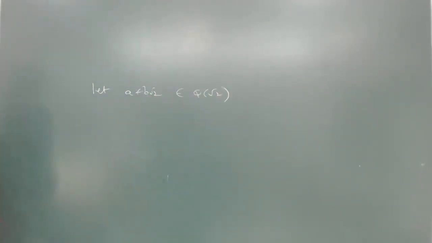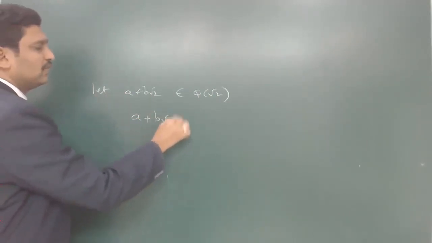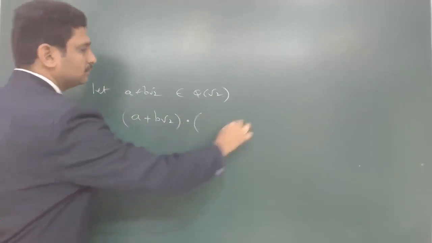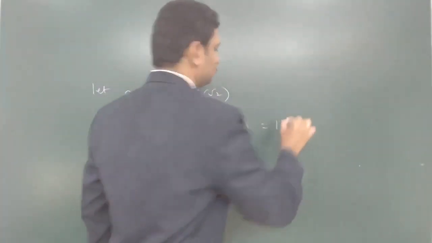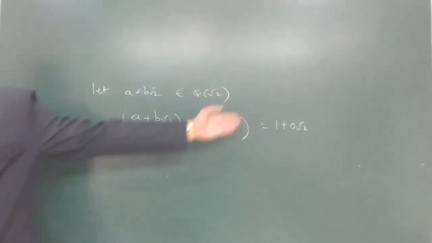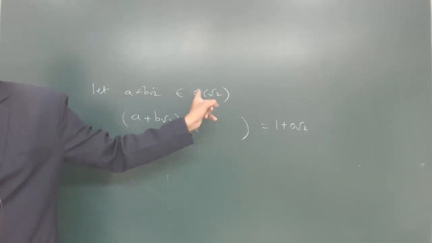Now the question is, on multiplying with what value will you get 1 plus 0 root 2, because it is nothing but the multiplicative identity in Q of root 2.